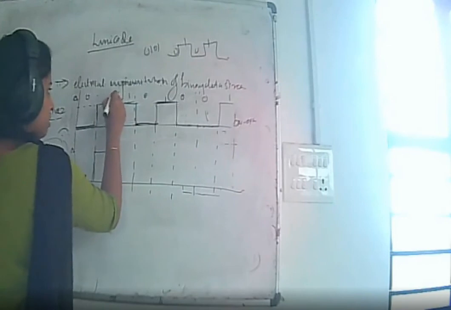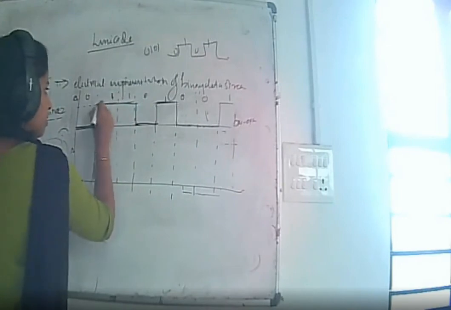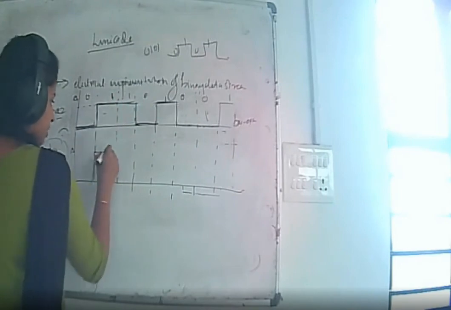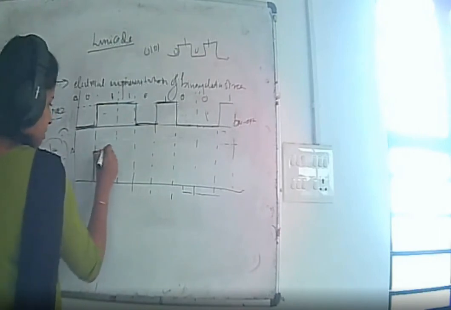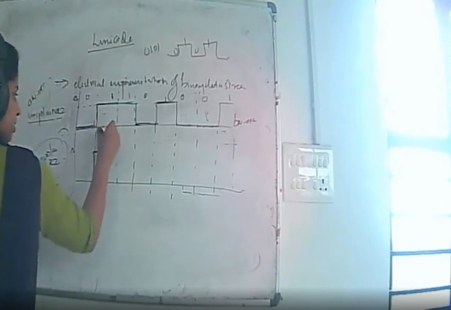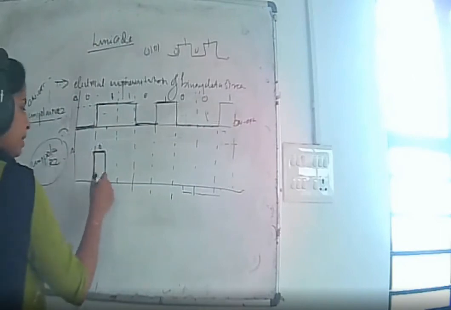This is the full width of the symbol, and we represent it with half that width. Symbol 1 is represented by a pulse of amplitude A and half width. And symbol 0 is transmitted by transmitting no pulse.